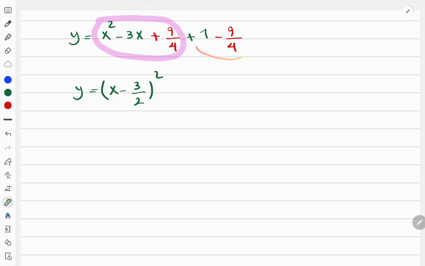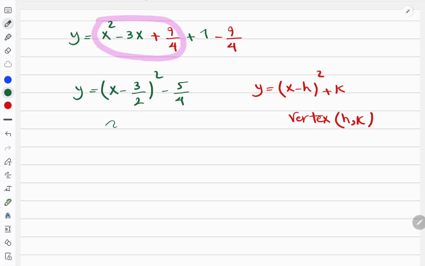And for the rest, 1 minus 9/4, the answer is negative 5/4. So in this form, you know that we have the general form y is x minus h squared plus k. And in this case, the vertex is h and k. So here the vertex is positive 3 halves and negative 5 fourths.